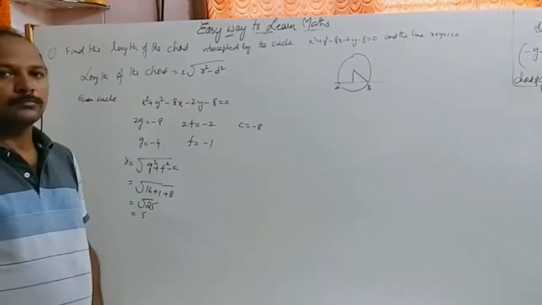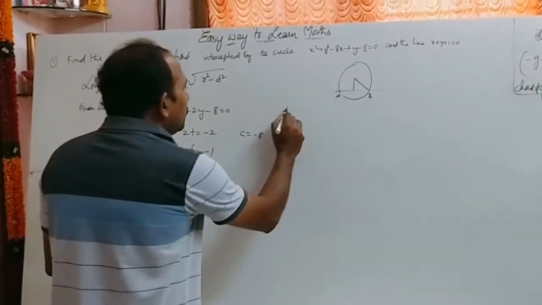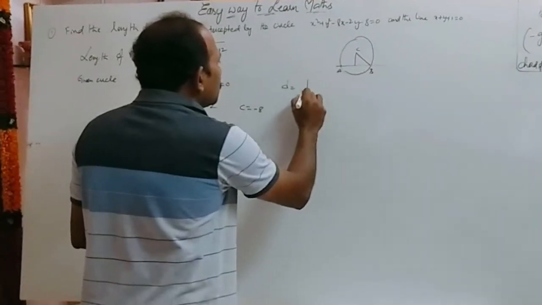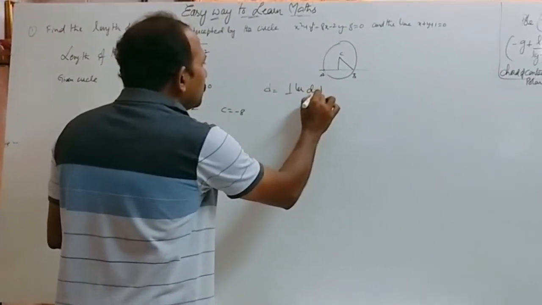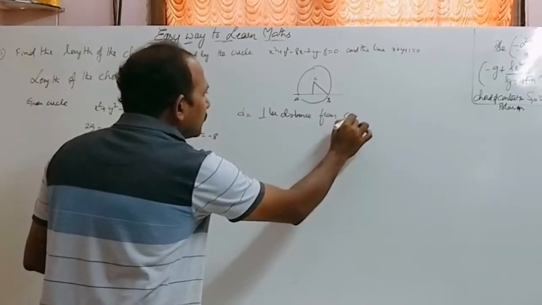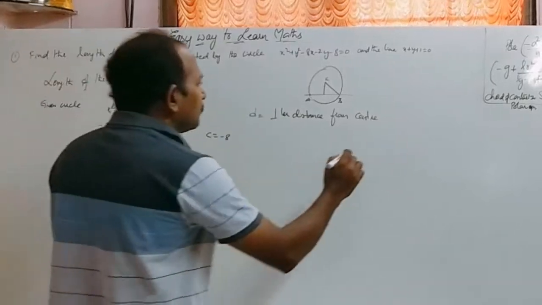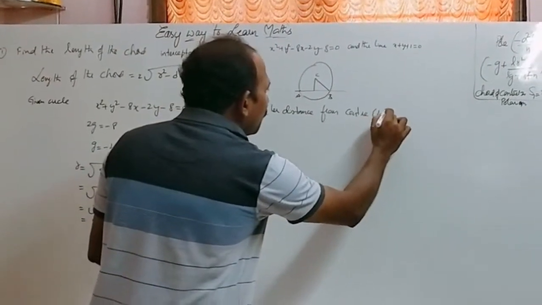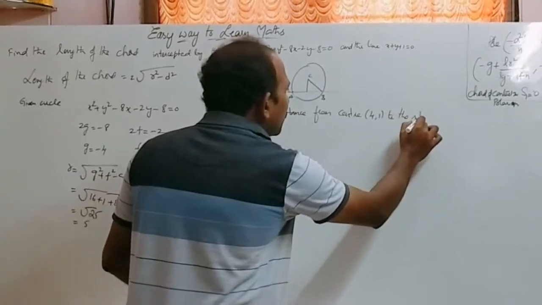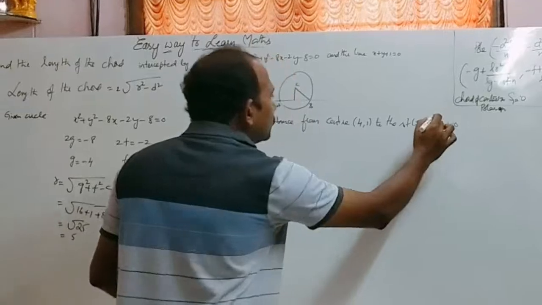Now you have to find the value of d. d is equal to the perpendicular distance from the center, minus g, minus f, that is nothing but 4, 1, to the straight line x plus y plus 1 equal to 0.